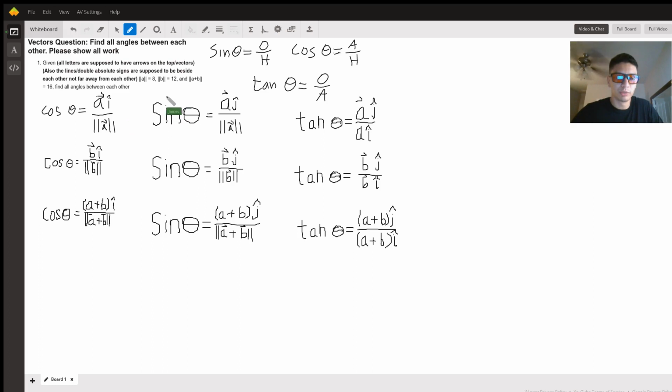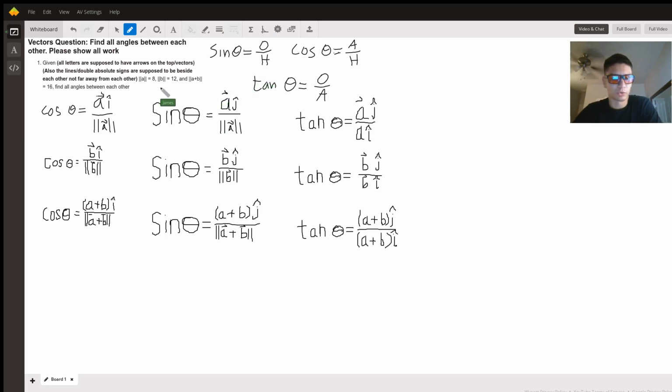So you should be able to find all of the angles between, well, really you would need the i components, the j components, and the k components of these vectors to find them.